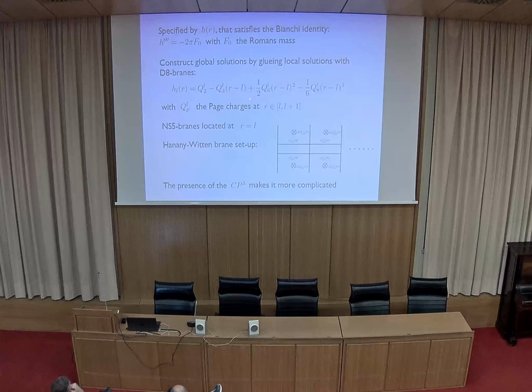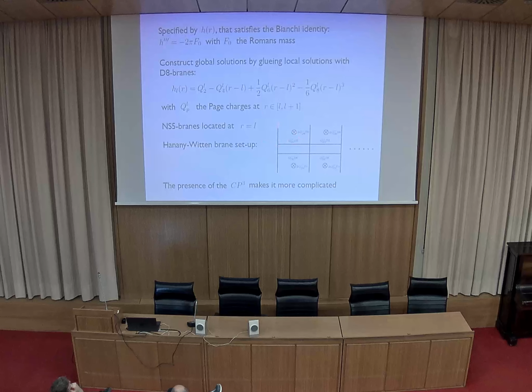you already have enough information from the fluxes to propose a Hanany-Witten brane scenario where your field theory will live. So we have in the R direction the NS5s, which are these lines. We have the D8s that we are introducing, they are orthogonal.